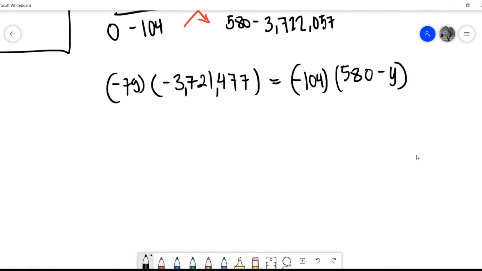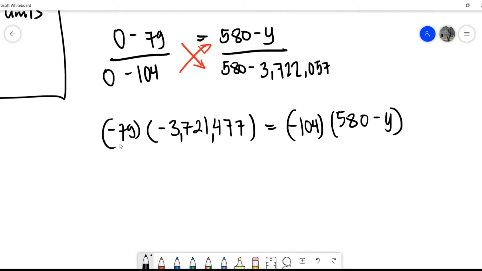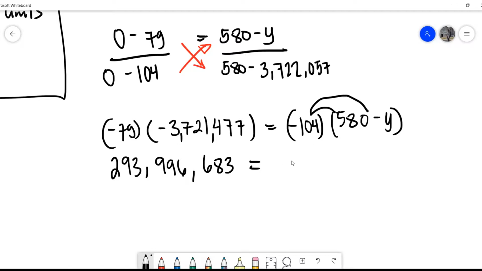So let's simplify it further. Negative 79 times negative 3,721,477 will be 293,996,683, equals, simplifying the right side, distributing 104, positive 104y minus 60,320.